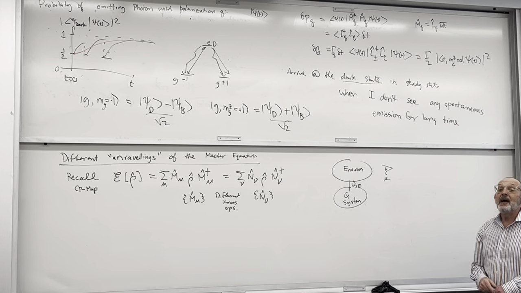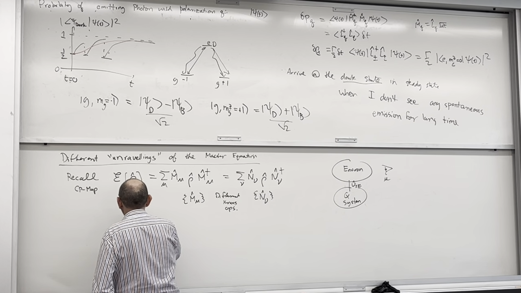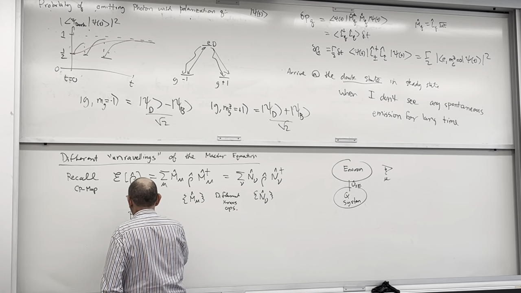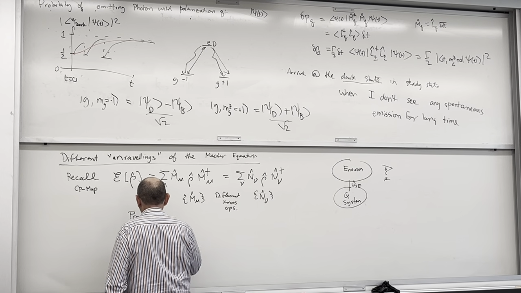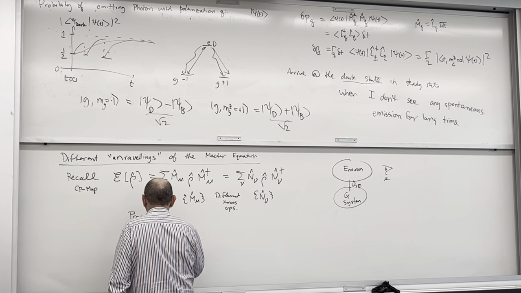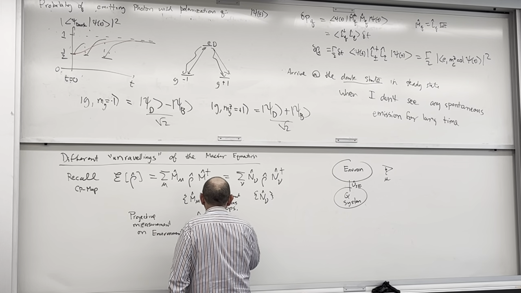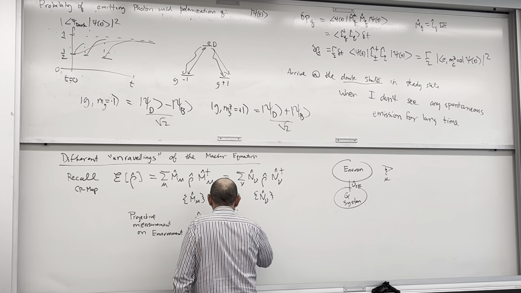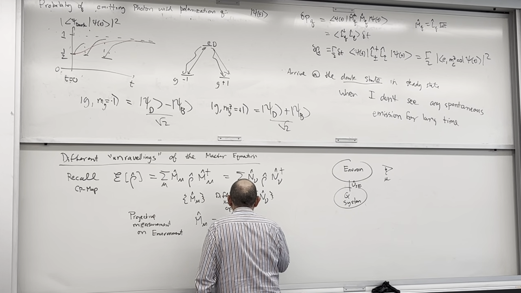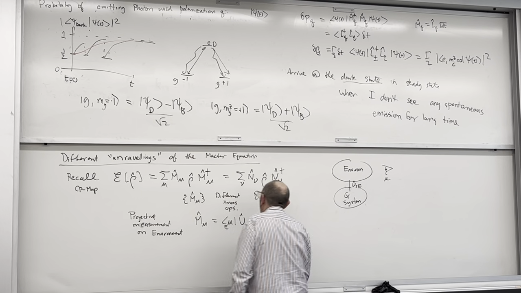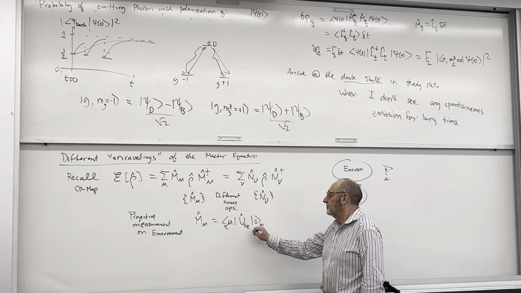But I could do different measurements, right? And so the M mu's, for example, if I do a projective measurement, then I can think about the M mu's as the partial matrix element of the system-environment unitary for some fiducial state.